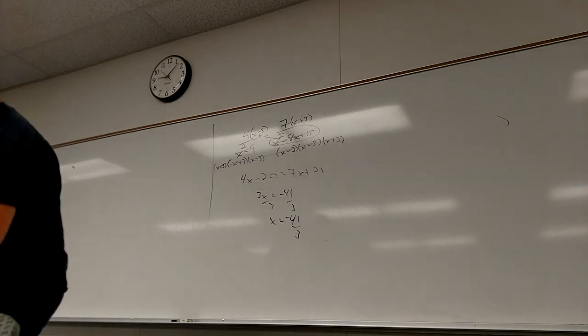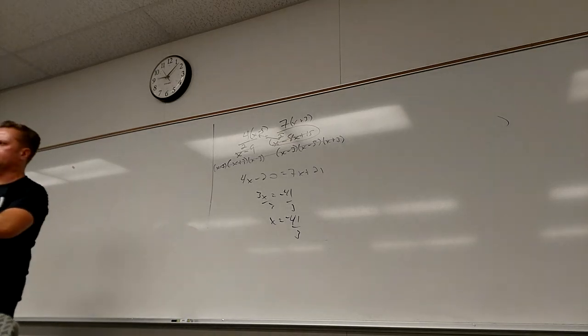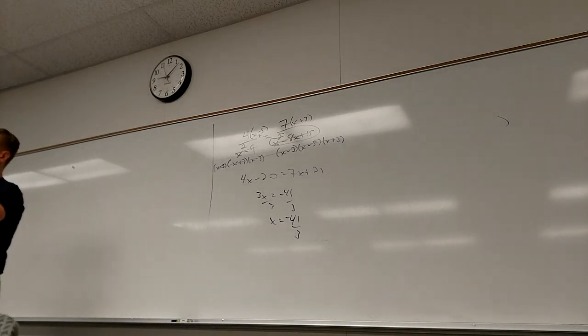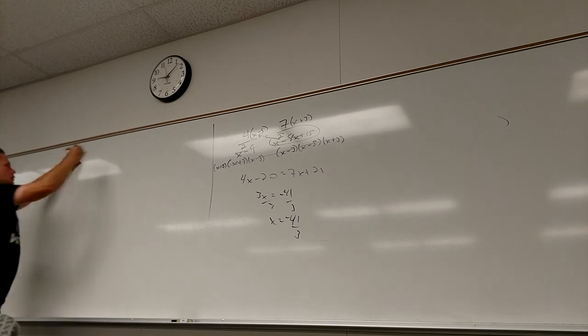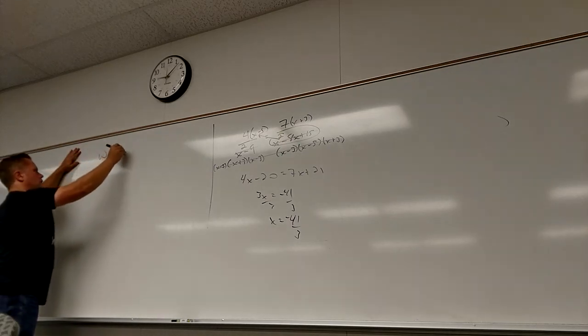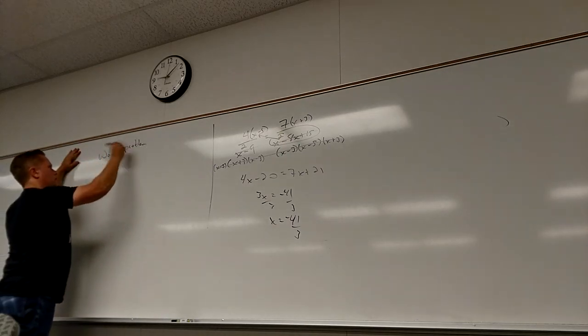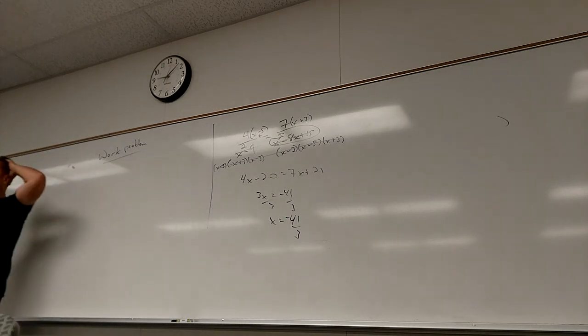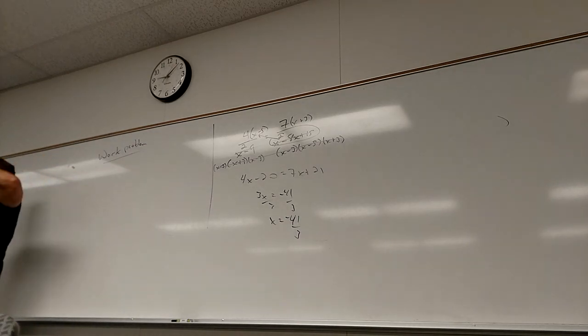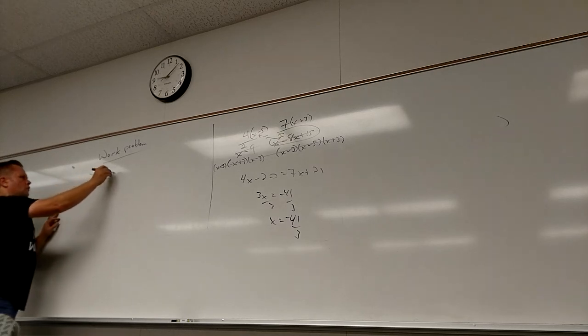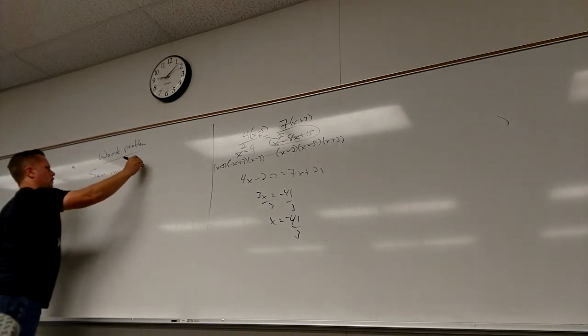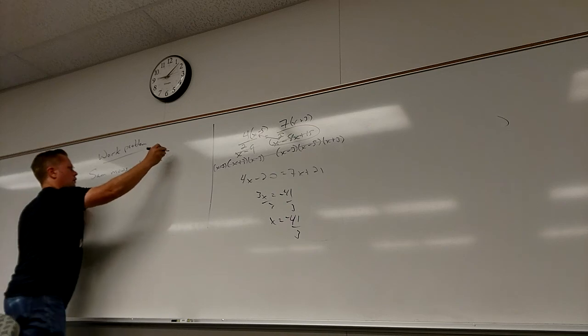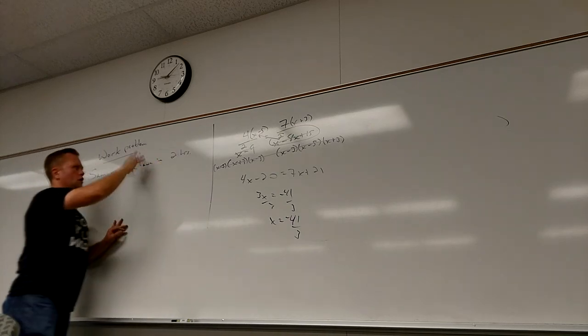So let me do this first example because it's kind of like its own little standalone process, and it's called a work problem. I can't remember what the book calls it. I don't care. What this means is, see if this sounds familiar at all. Sam mows a lawn in 2 hours, some certain lawn somewhere.